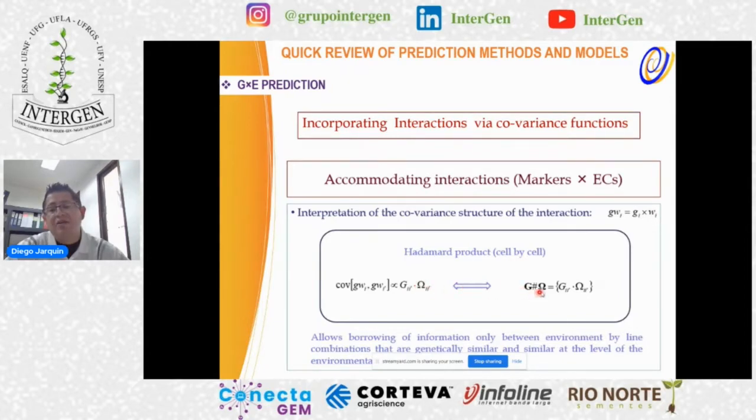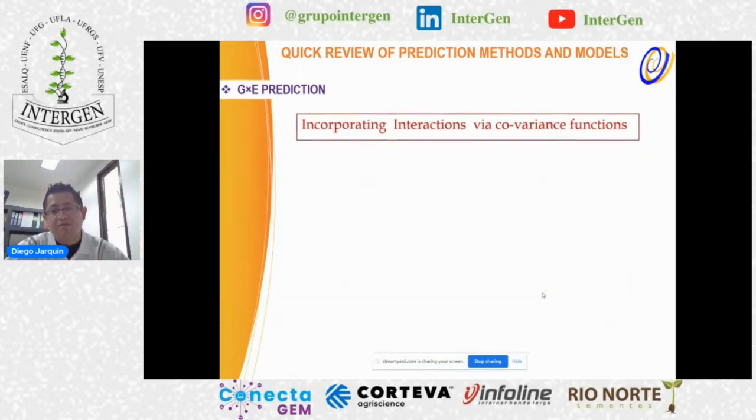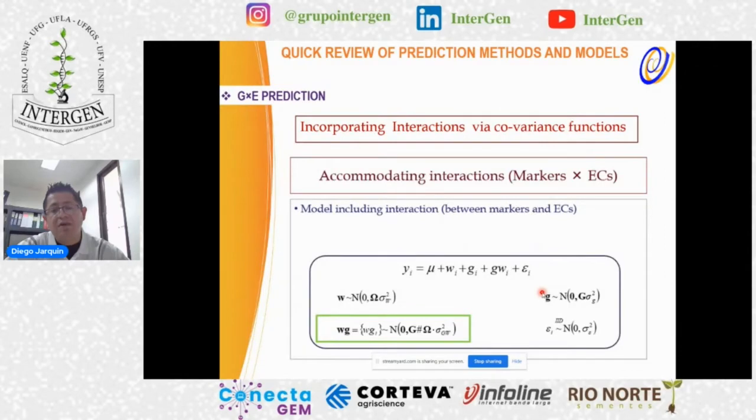This is just the cell-by-cell product between these two covariance structures. Now we just characterize this as a random term that follows a normal distribution centered in 0 and covariance given by G Hadamard product omega.